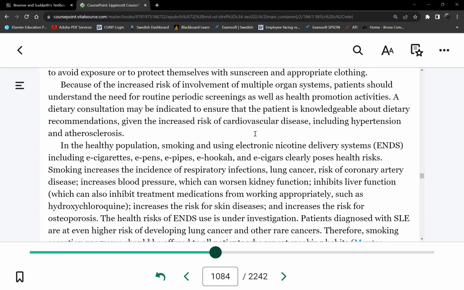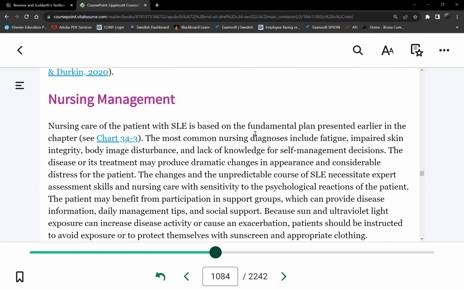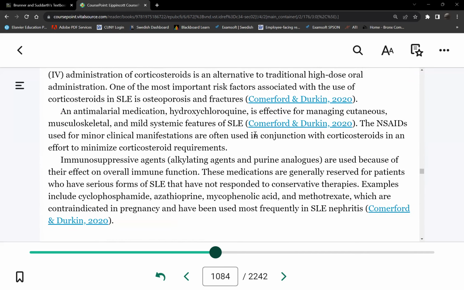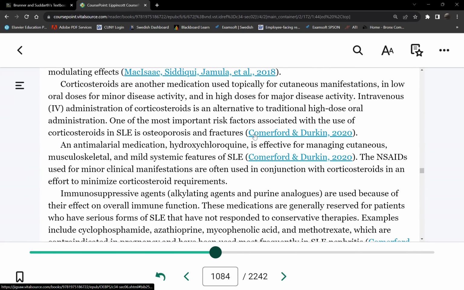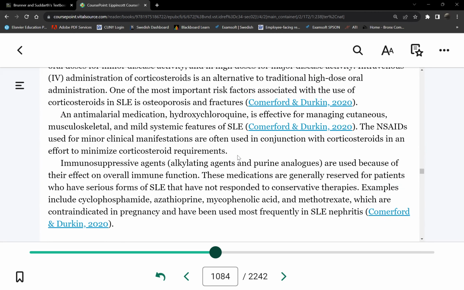Any questions? For drug questions, never mind, because the medications here are repeated when we get to multiple sclerosis. So that's under the neuro chapter.